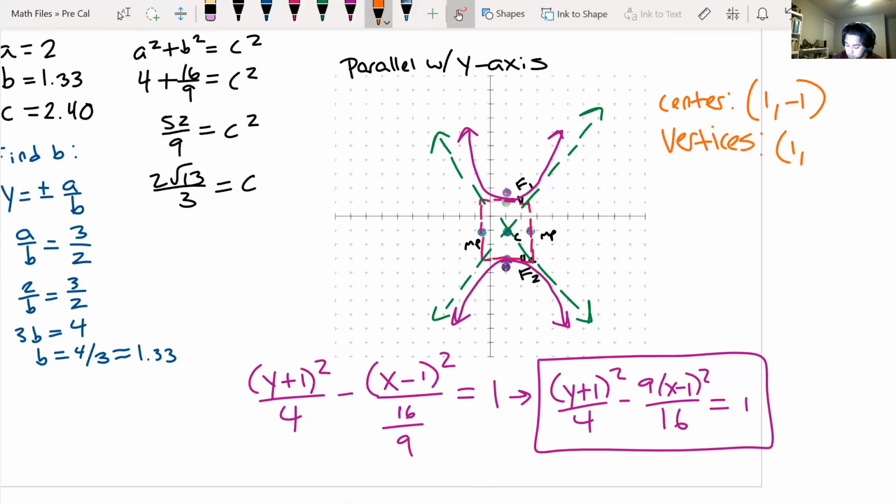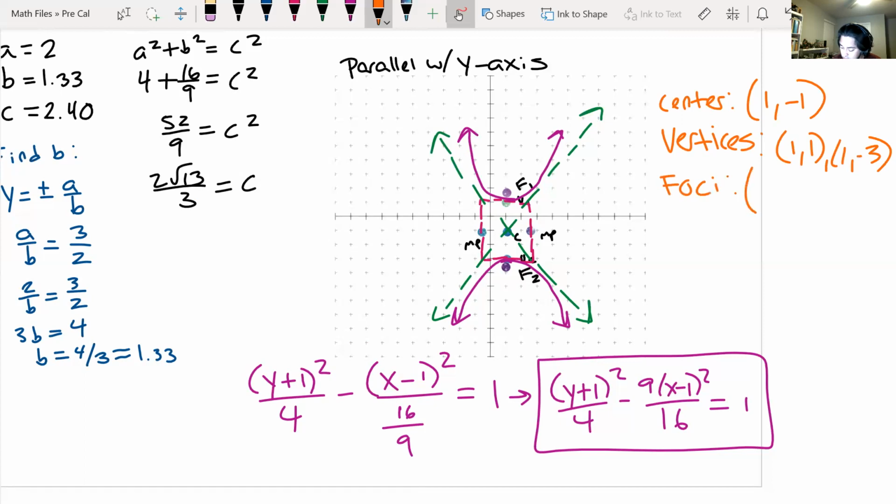Vertices are 1... and if you went up to... no, it gave us the vertices though, right? So (1, 1), and (1, 3), (1, -3).